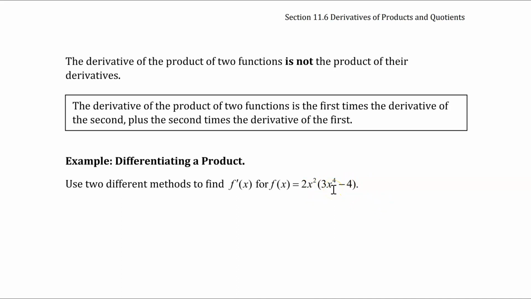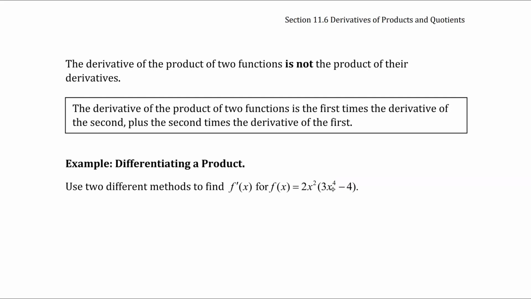Again, if I denote this as the first function and this as the second function, the derivative y prime is equal to first times derivative of the second plus the second times derivative of the first.